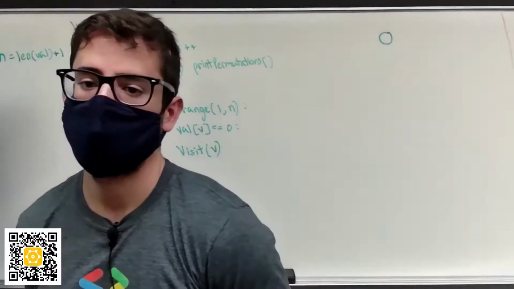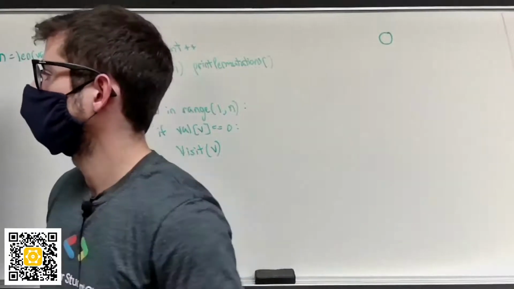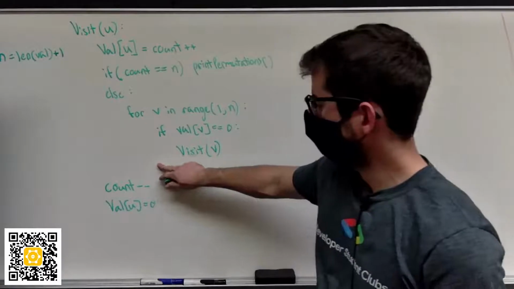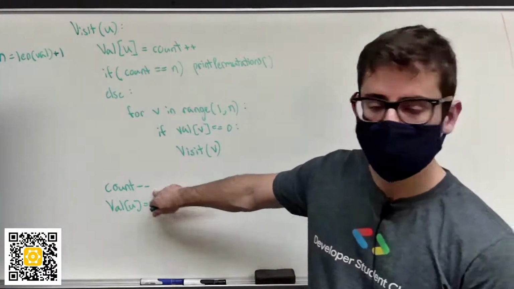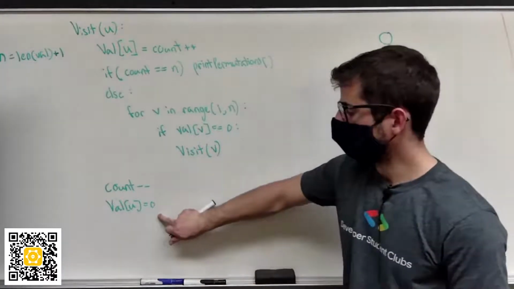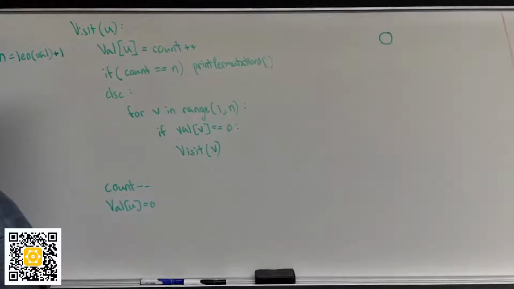It's going to decrease the count, because you already finished this for loop. We decrement the count, so it went from 3 back to 2, right? And we set that position to 0. So we're back here, right?